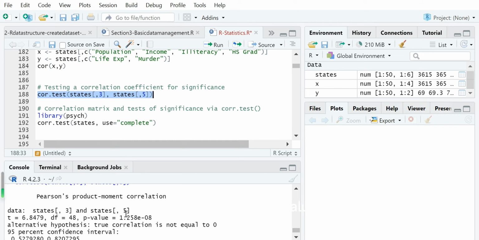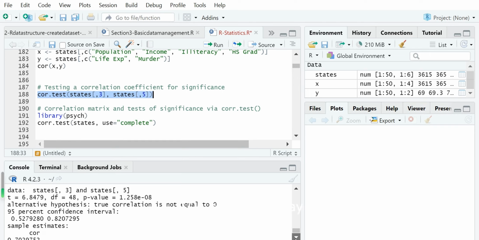It is a very low value, about minus 0.8 in exponent, very close to 0. So it is much less than 0.05. So we can say the correlation coefficient between these two variables is significant at the 0.05 significance level.